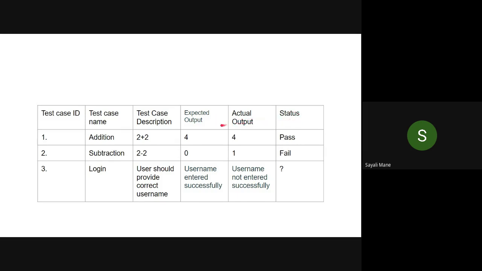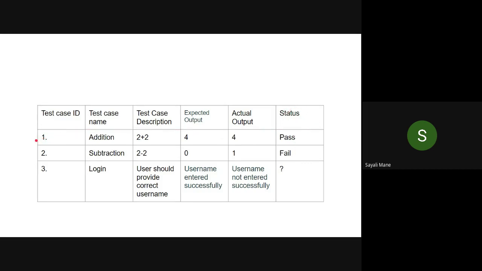Can you tell me the difference between expected output and the actual output? Which we want and which we get. Expected output is what is desired and actual is what the code gives. Exactly correct.